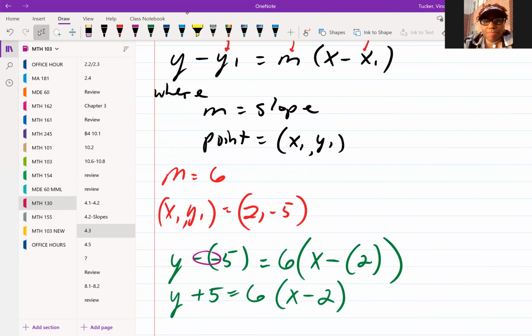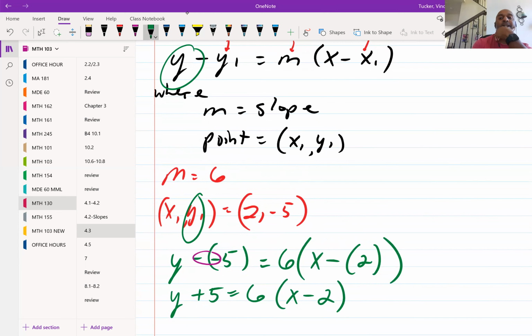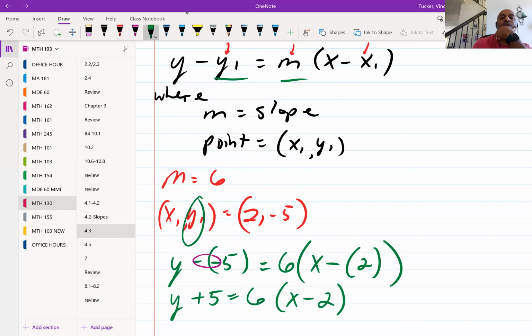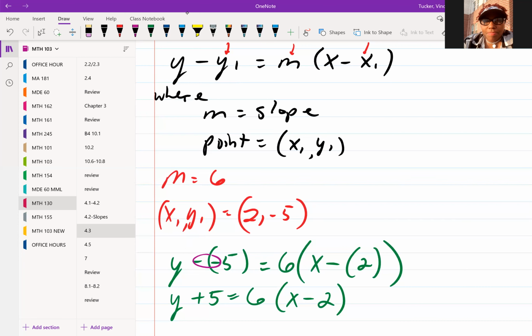So y1 equals -5. Don't forget you have a y and an x here that you're not plugging in for. That's why I put the arrows over it. You're plugging in for x1, m, and y1.